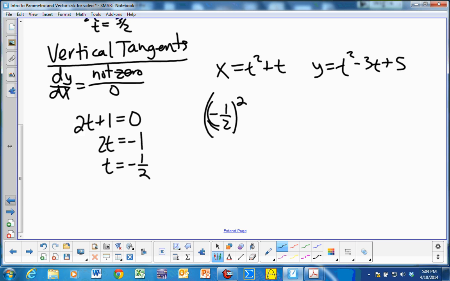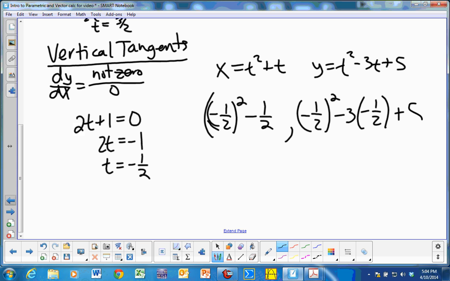So it's (negative 1/2) squared minus 1/2, because it's plus negative 1/2, comma, that's the x value, negative 1/2 squared minus 3 times negative 1/2 plus 5. And that's it. That's my point, and I can stop there. I don't need to do any more than that because that's a numerical answer. It's fine.